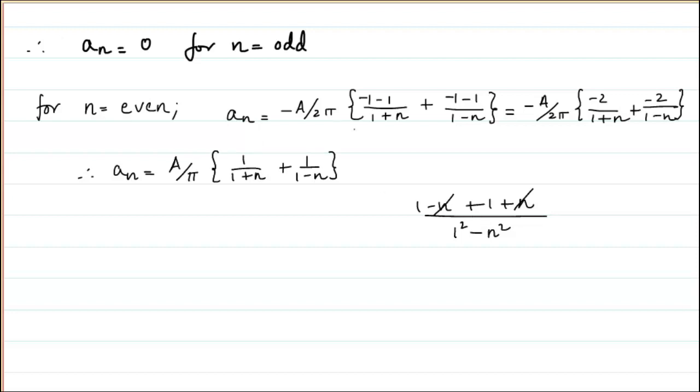So I will basically write this is equal to a divided by pi into 2 divided by 1 minus n square.